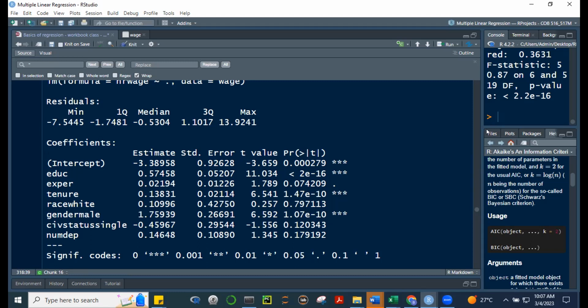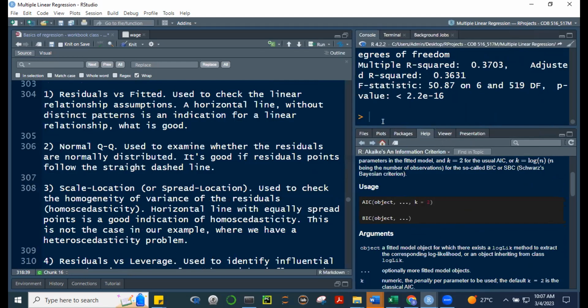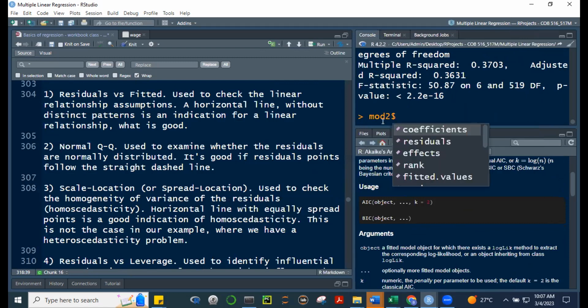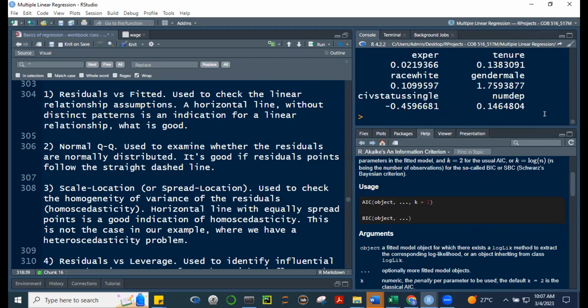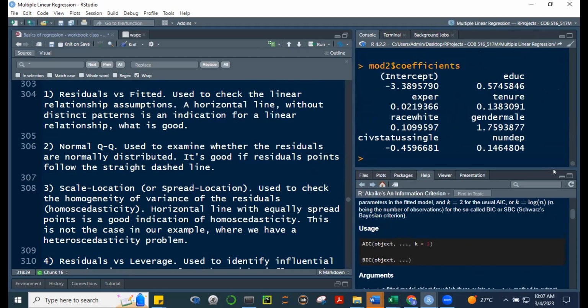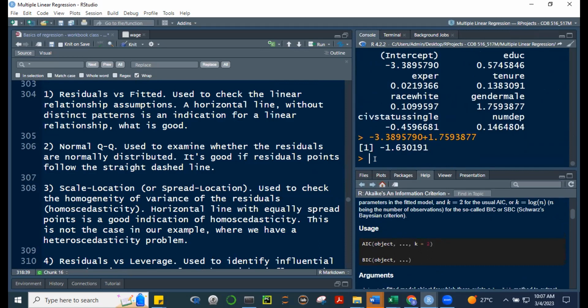Okay, the answer is negative 3.38 po, sir. Hindi. The answer is negative 1.63.